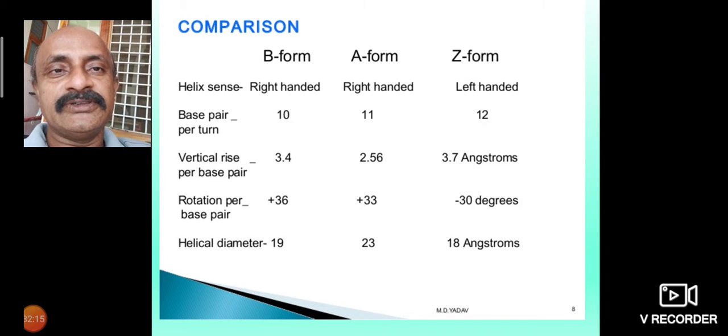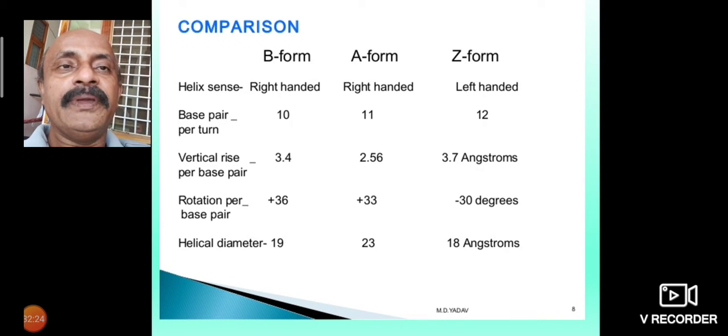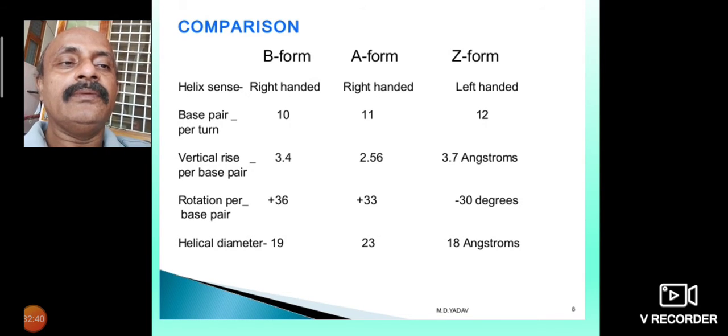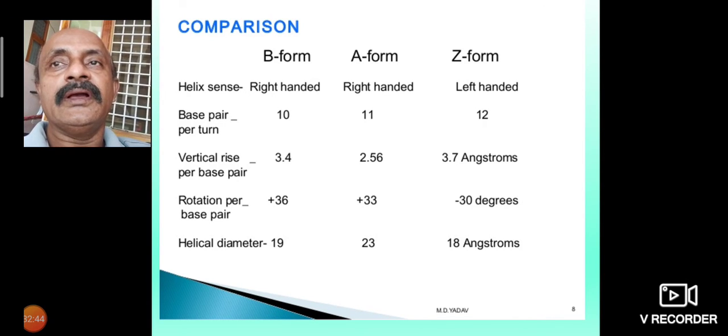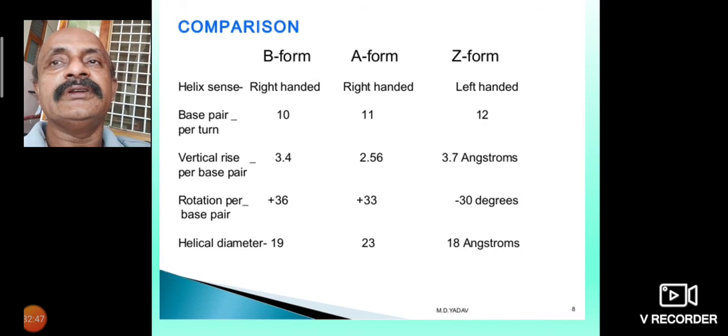Vertical rise per base: B form 3.4, A form 2.56, Z form 3.7 angstroms. Rotation per base pair: B form plus 36, A form 33, Z form minus 30 degrees. Helical diameter: B form 19, A form 23, Z form 18 angstroms. This is the comparison between B DNA, A DNA, and Z DNA.